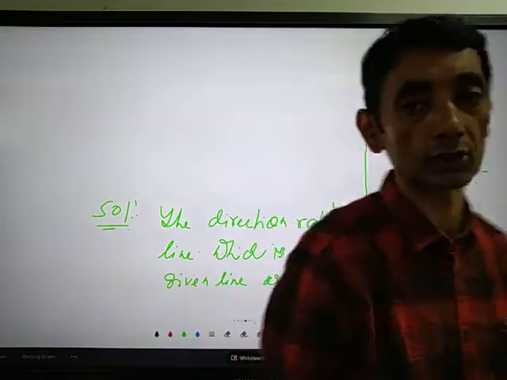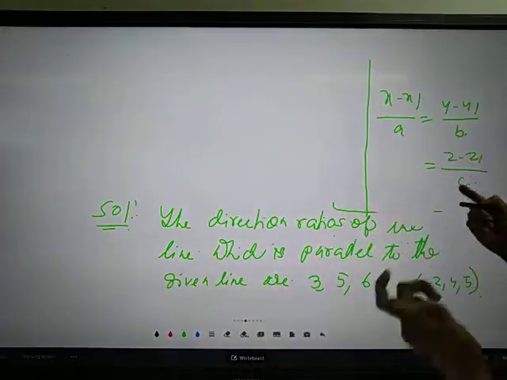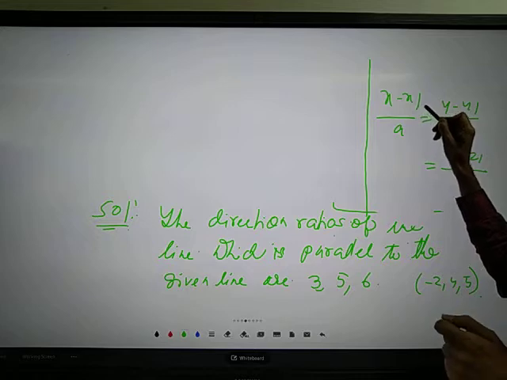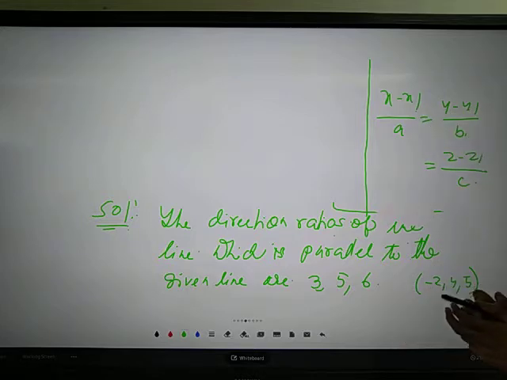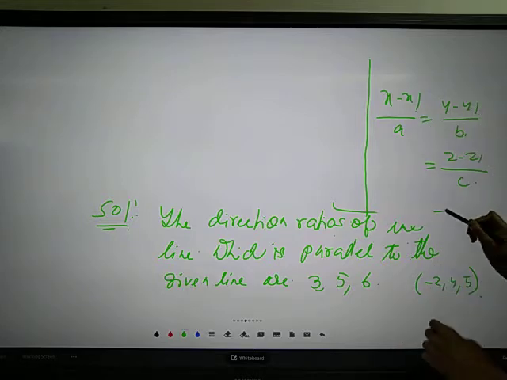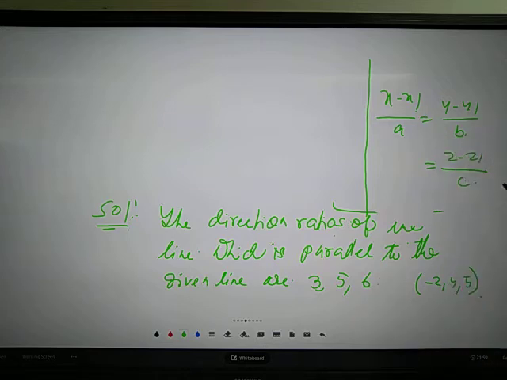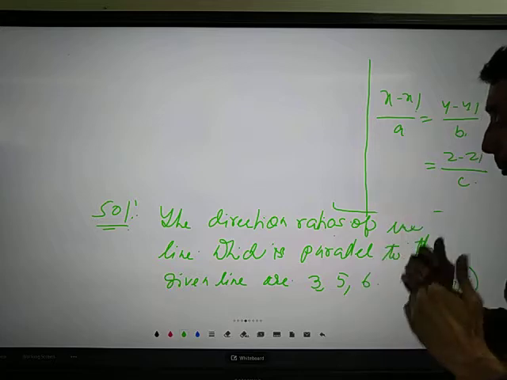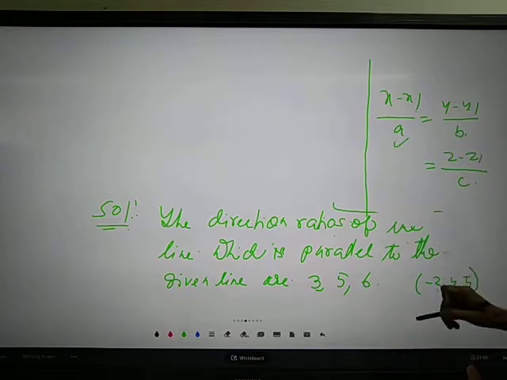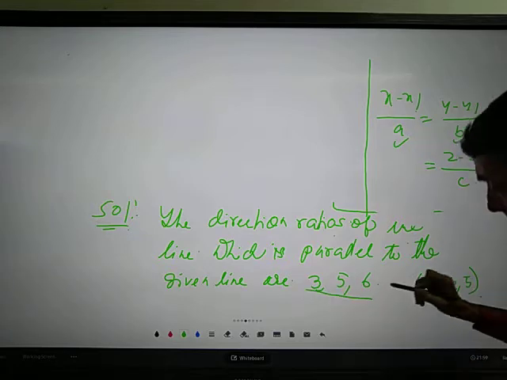This is the Cartesian equation of a line which passes through a point with coordinates x1, y1, z1. Here x1, y1, z1 are given, that is x1, y1, z1 can be taken as -2, 4 and 5. Apart from that, with the help of the given line, we obtain the direction ratios a, b, c.